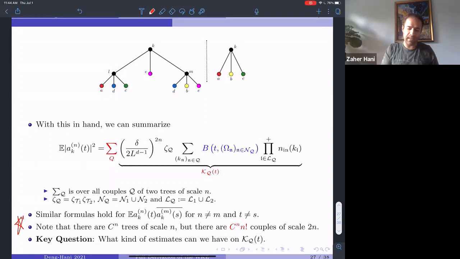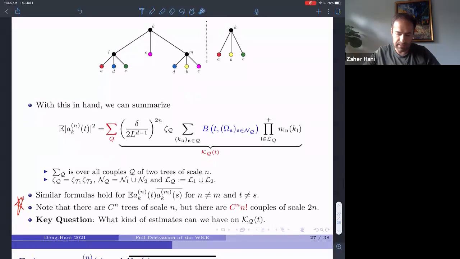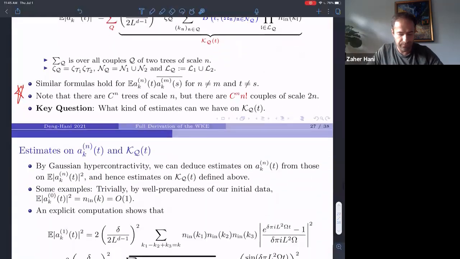So in this sum over here, you are summing over a factorial number of couples, where if you are looking at sums over couples of scale n, then you have n factorial of such couples. And the key question is, what kind of estimates can we get on this K sub Q, this expression over here?